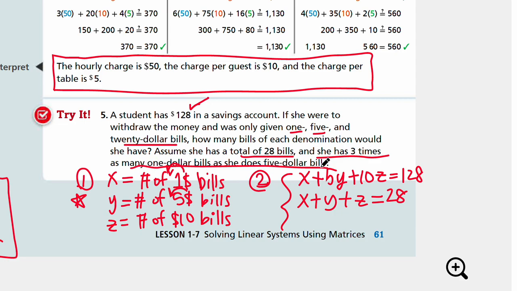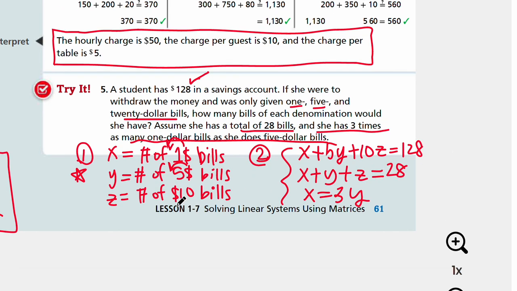Whatever $5 bills she has, she's going to have 3 times as much. So your third equation should be x, that's your $1 bills, is equal to 3 times $5 bills, y. There you go. Okay, and then you're going to put that into an augmented matrix.